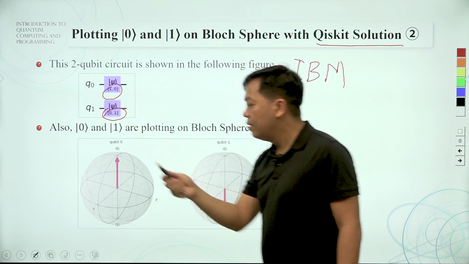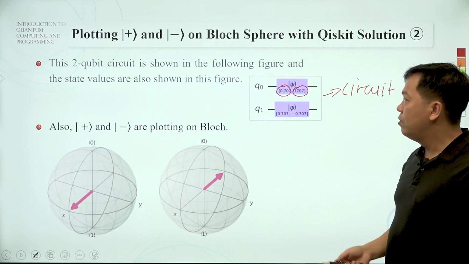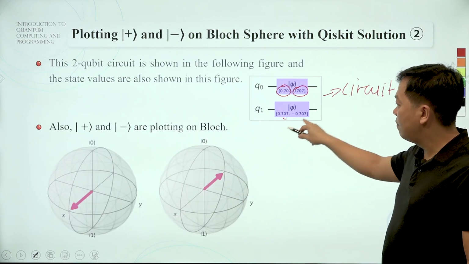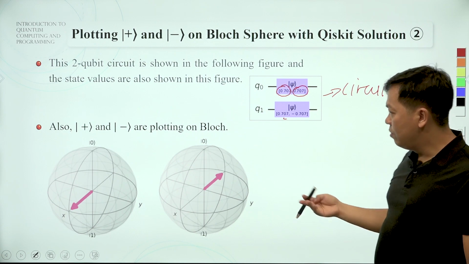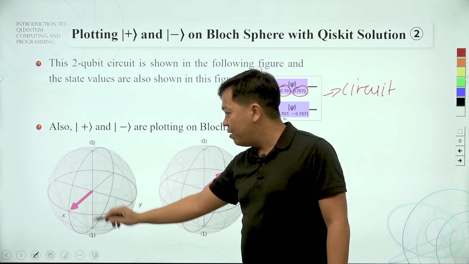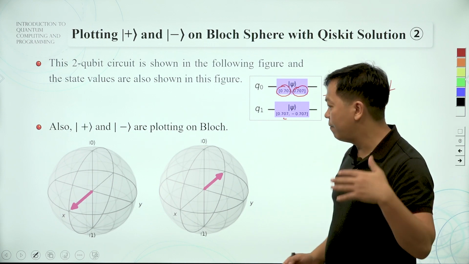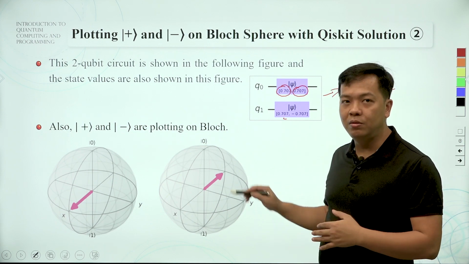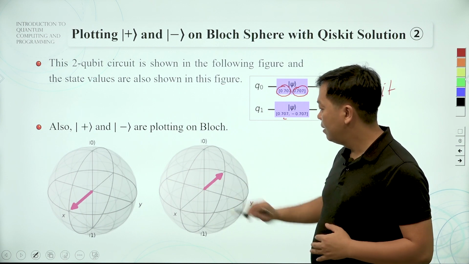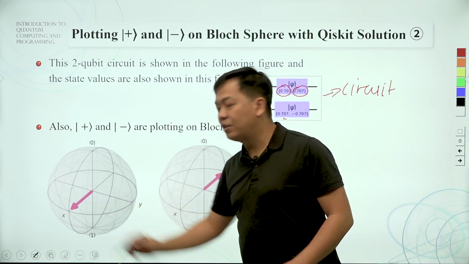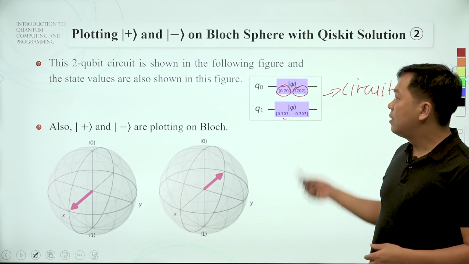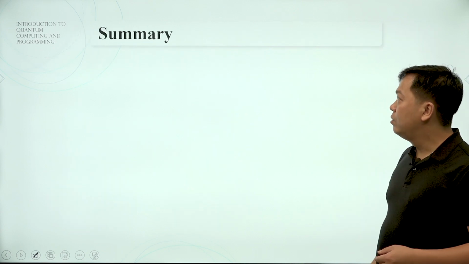But after you use a negative, you can see this value. And in the Bloch sphere, you can see the positive goes to the front, and the negative goes to the back side. So that is how the values differ.